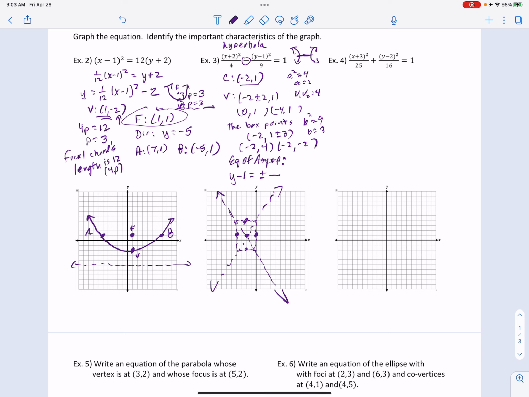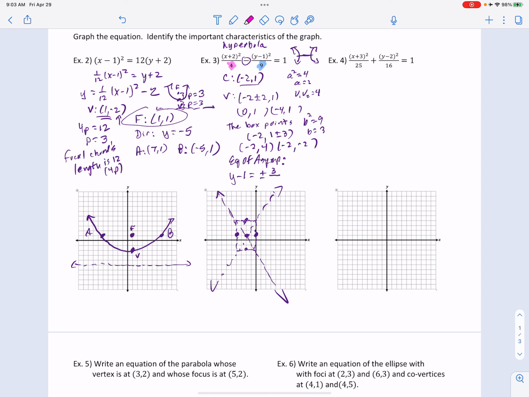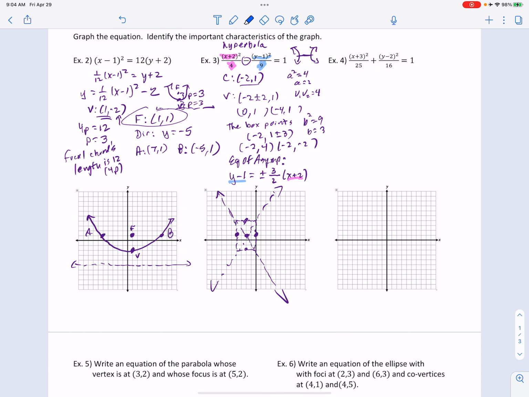For the slope, whatever is underneath the y coordinate, the square root of that is my rise. And whatever is underneath my x coordinate, the square root of that is my run. And then we had that change. It's going to be x plus 2. Notice how this x plus 2 matches that, and the y minus 1 matches over here.